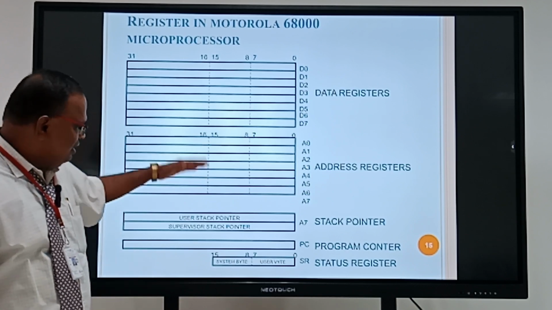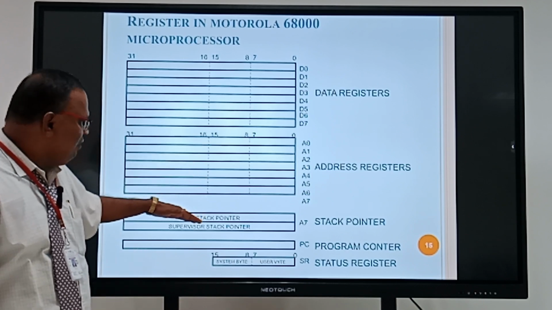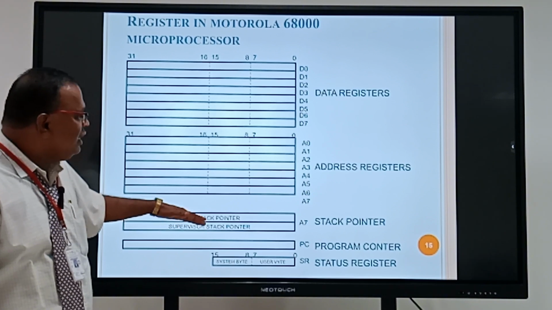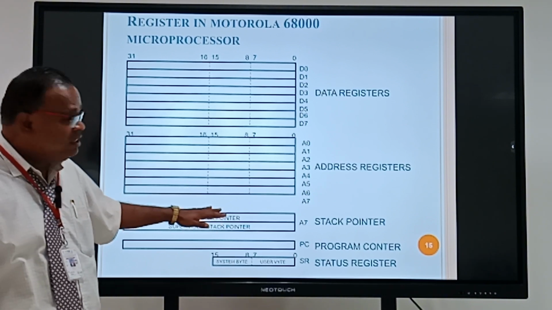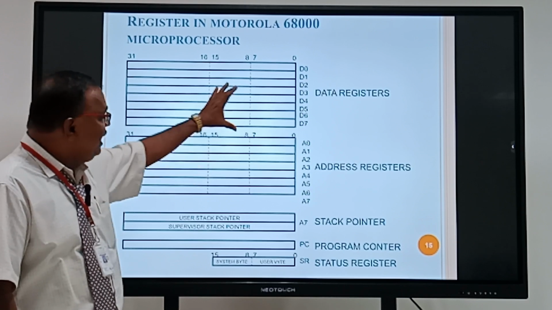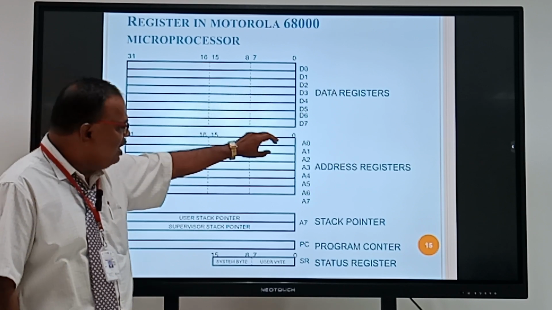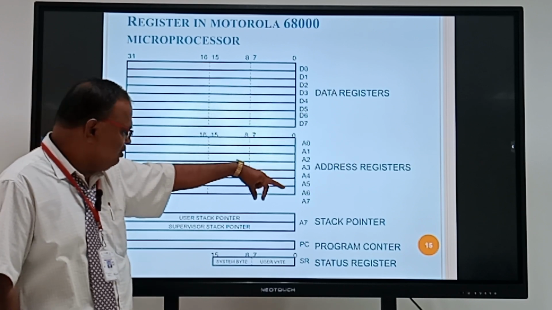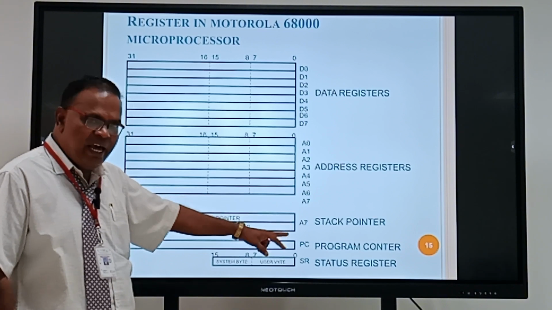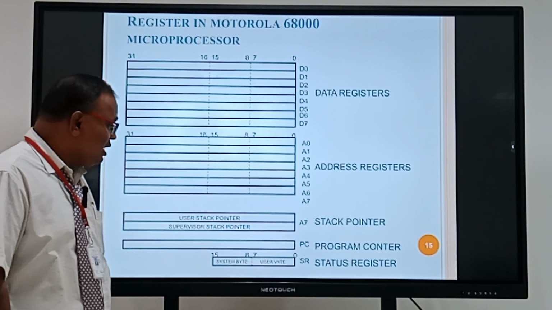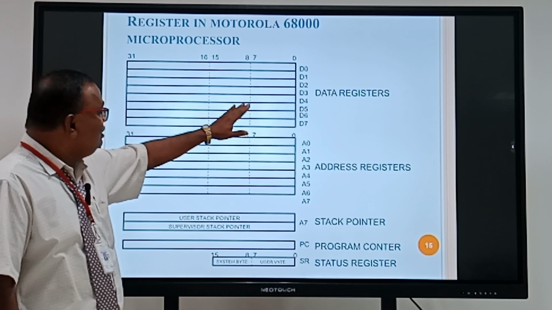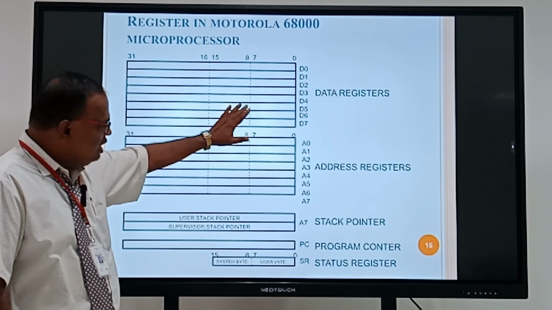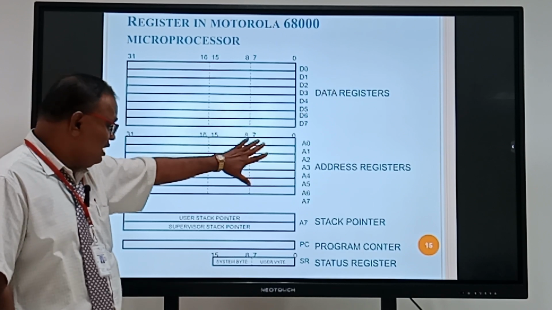And these are the different register levels: how to use data registers and segmentation in the microprocessor. Data registers D0 to D7, address bus A0 to A15, stack pointer, program counter, and status registers. Data registers D0 to D7 use the data lines, and the address register is used for addressing.